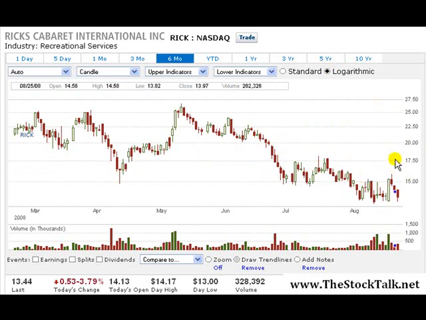So the prices won't be the same distance apart, but a 5% move in this stock is going to look exactly the same no matter what price the stock is. And so logarithmic is usually the accepted setting. It's a little more accurate when doing analysis. You can get a better idea of what moves were more significant.